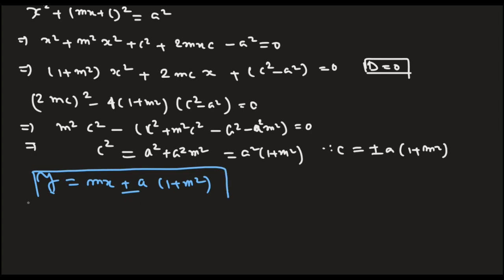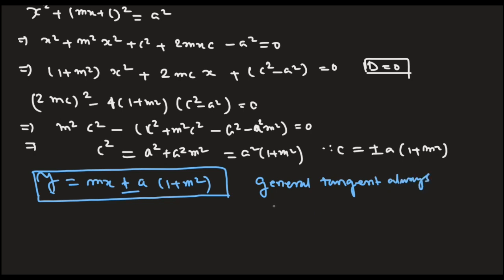This always represents that it touches the circle. General tangent in slope form, always touches the circle.